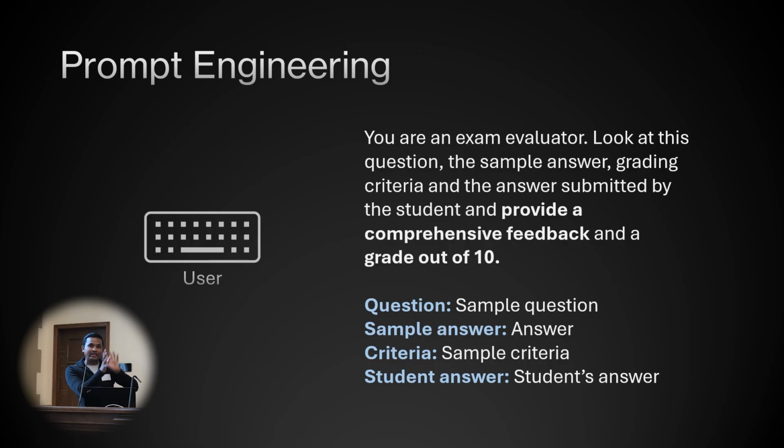So this is the base task, with the persona, and we have the dynamic data, which is the question, the sample answer, the evaluation criteria, and the actual answer of the student. We can do that using ChatGPT, so that's pretty easy. Now we want to create a system so that we can automate this, so that it just works.